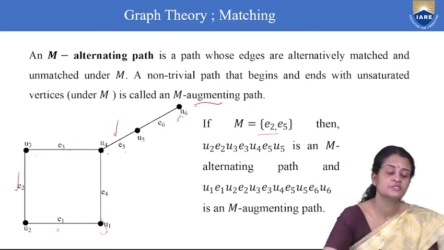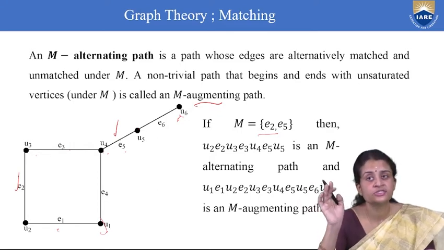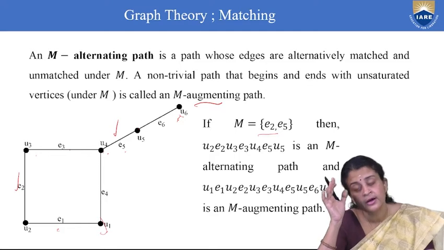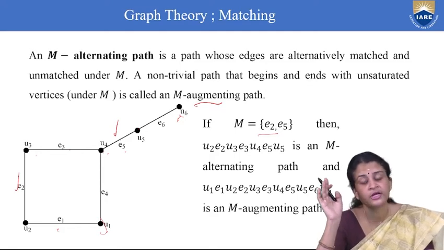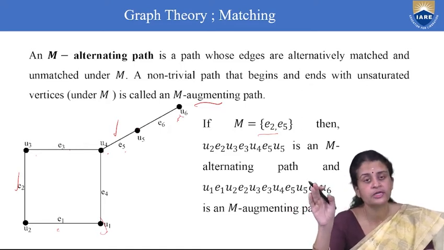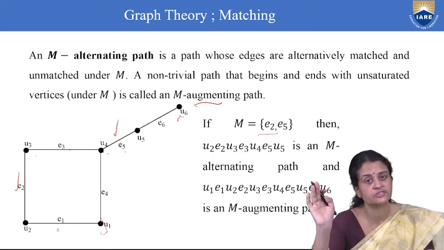An M alternating path means its edges are alternately matched and unmatched by M. There we are considering the matching of edges, whether matched or unmatched. And an M augmenting path starts and ends with unsaturated vertices.